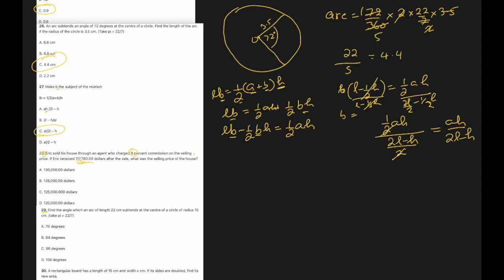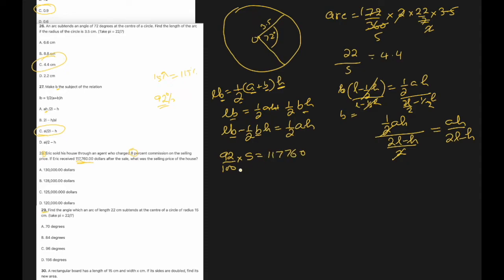Just like in one of the previous questions, where we had 15% extra, it became 115%, correct? Here it is 8% less because 8% has been given to the agent. So this is 92% only. So 92% of the selling price, let's call it S, is 117760.